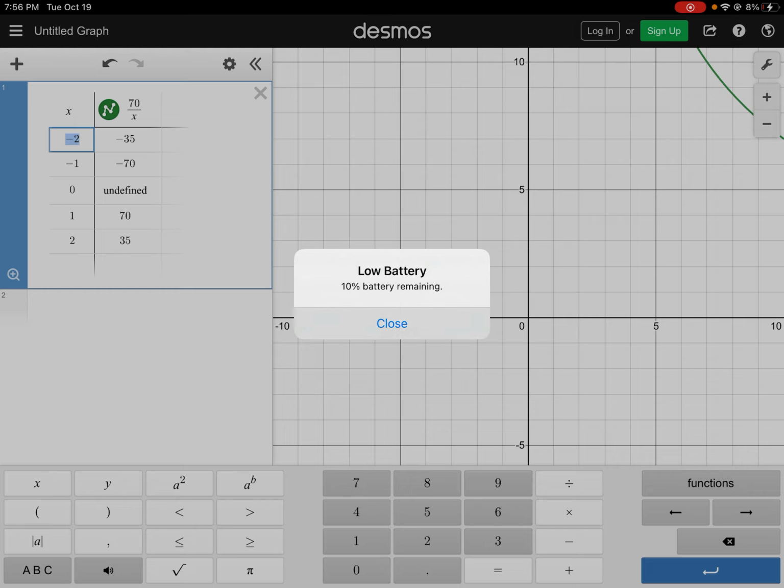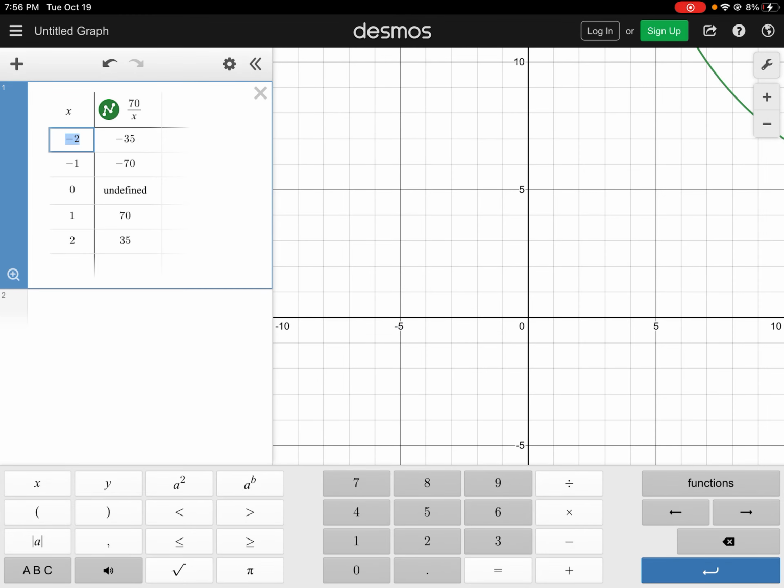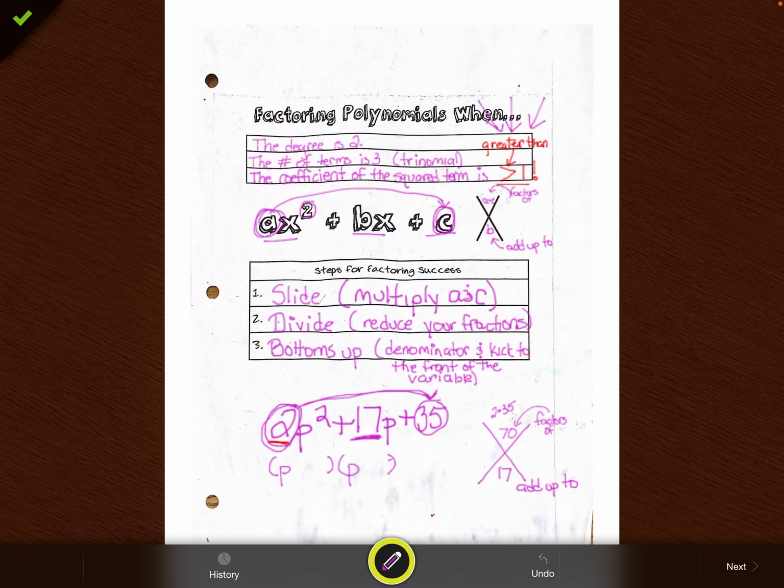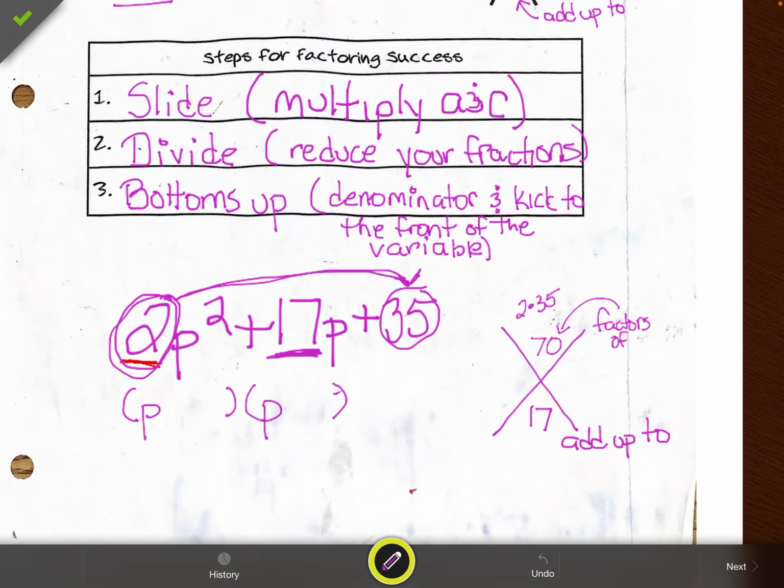Use a little rationale here. You're looking for a positive number, so it wouldn't make sense to try the 2 negatives. You could try 2 and 35, but 2 plus 35 is 37, so we're still off.